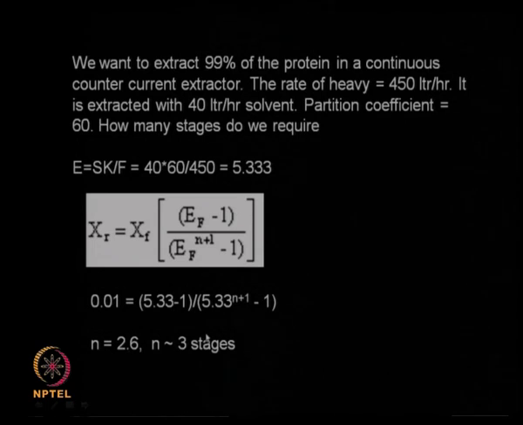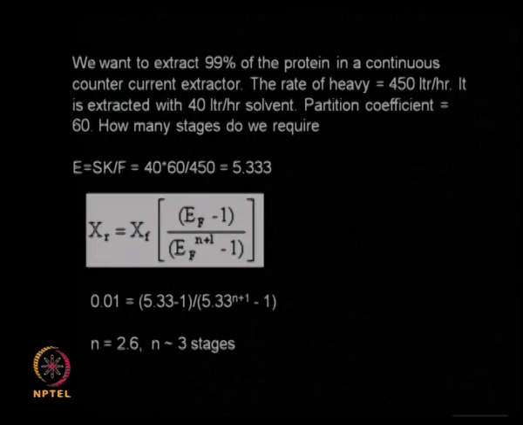That means I need 3 stages, I need 3 countercurrent stages to perform this extraction. That means if I want to extract 99% of my solute, I am using a solvent of 40 liters per hour flow rate and a heavy flow rate of 450 liters per hour, I need at least 3 stages.